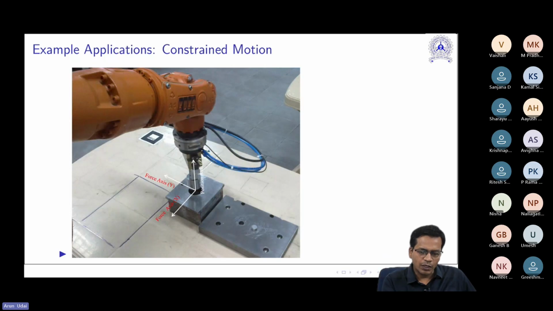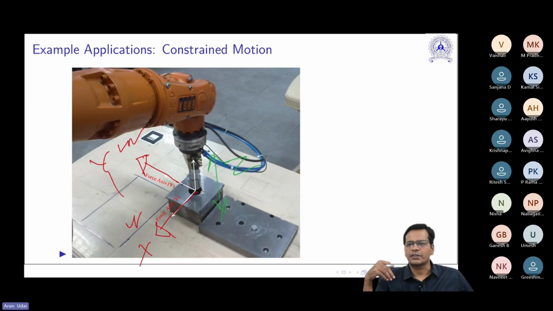You cannot move along these two directions, x and y. If this is x, this is y, you cannot move, but you can go vertically up and down. On the z axis you are free to move, you cannot create forces, but along x and y you can definitely create forces. So it is constrained along xy, free to move along z. So this is again constrained. Different types of constraints are there. This is translational constraint.